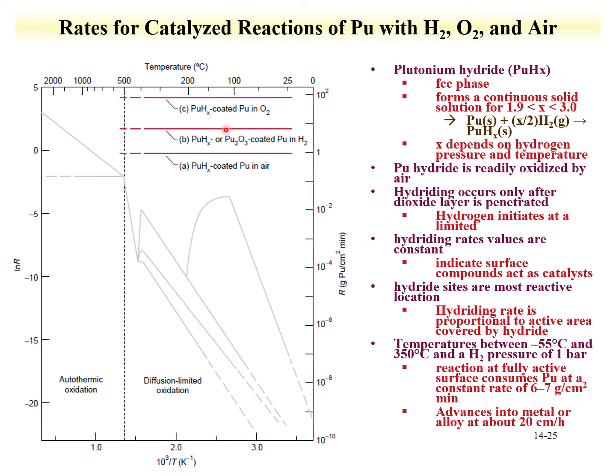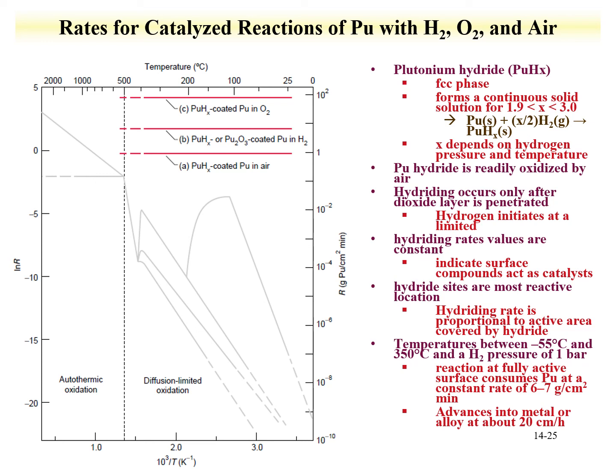We see that these values are constant. And one of the things that we could take away from these constant values is that the surface acts as a catalyst for the oxide reaction. The hydride is not a true catalyst. It is fundamentally destroyed, but then the hydrogen migrates and reforms the hydride layer. We'll talk about that in the next slide.